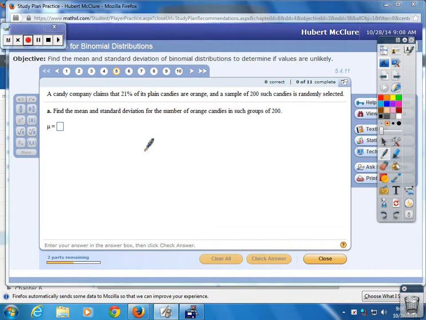So what is N? What is N? 200. And the reason you know that is because it's the big number, and I've always told you that the big number is going to be N, and the probability is going to be in what kind of state? Percent, decimals, or ratio. And that's 0.21. And of course, if you needed Q, which you do, it is 0.79.